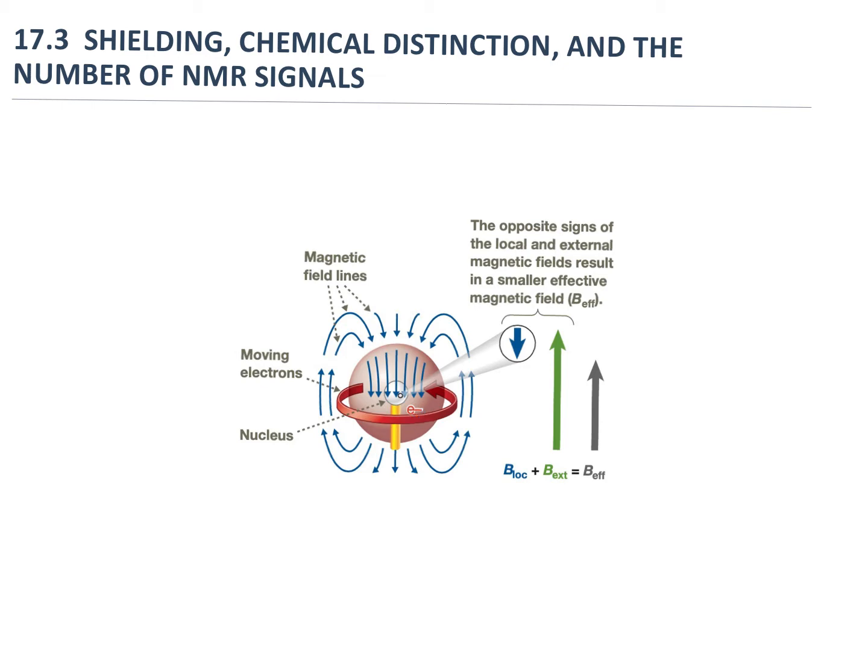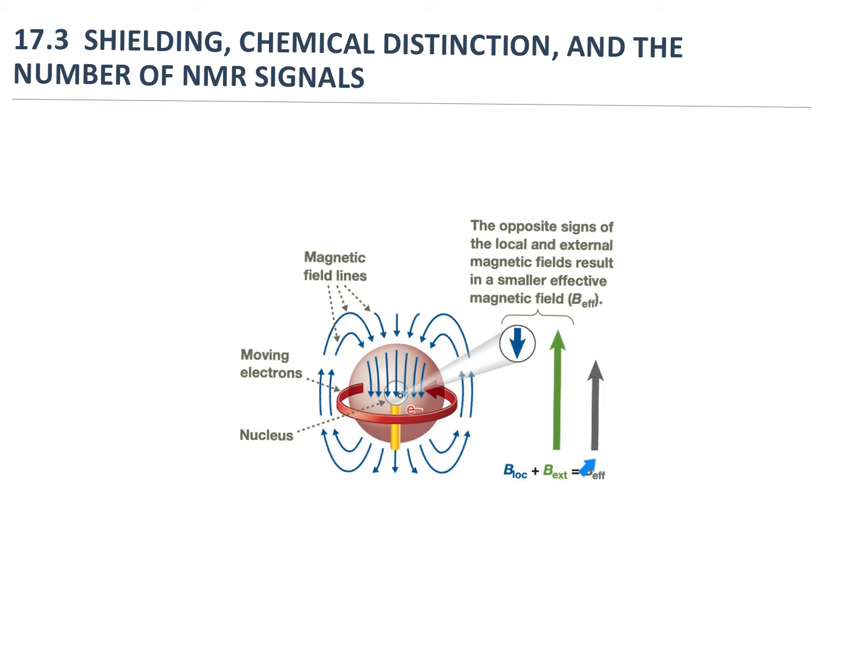So we have electrons there. You're going to get this external magnetic field, and it's going to make them go in a circular pattern. This is their own magnetic field, called B local, and we're going to talk about that in a second. And then when that's added to this external magnetic field, that gives us our effective magnetic field.